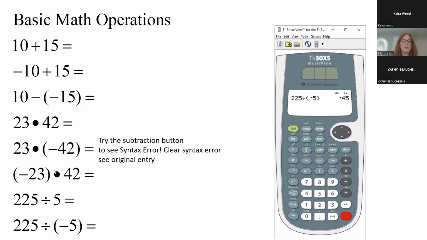All right, so for this problem that I have, try the subtraction button to see the syntax error. So I'm going to show you what will happen if you use the wrong button to do that function.